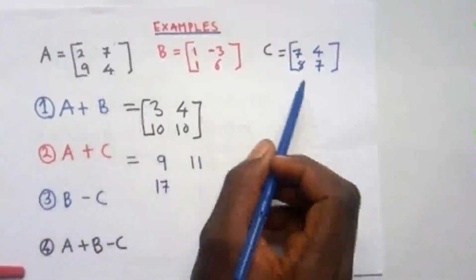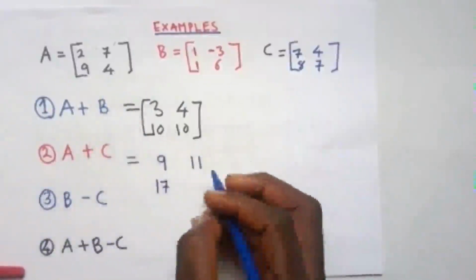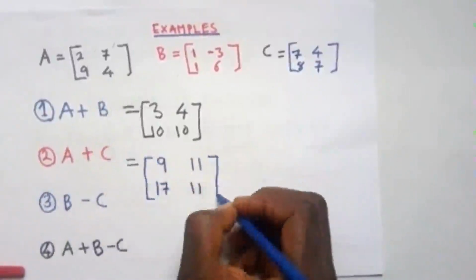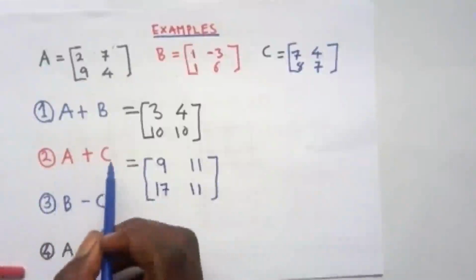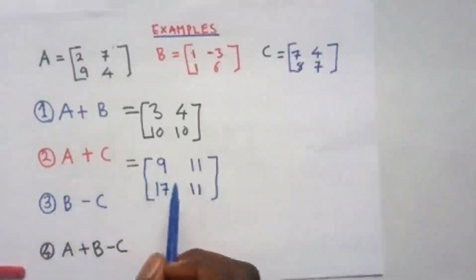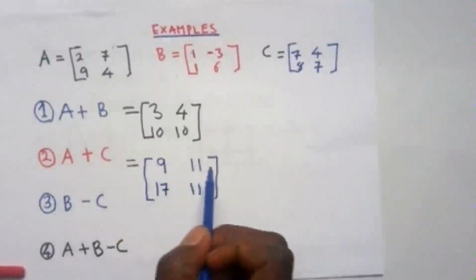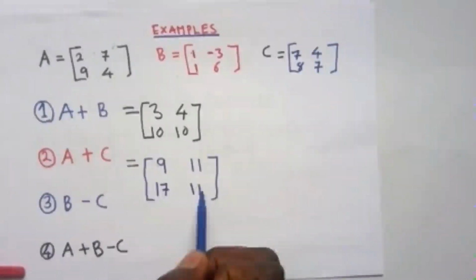And 4 plus 7 gives us what? 11. So when you add matrix A to matrix C, you are going to have a new matrix which comprises of the elements 9, 11, 17, and 11.